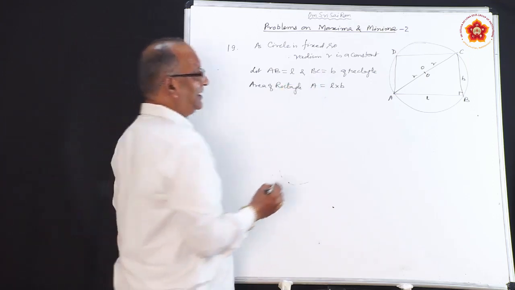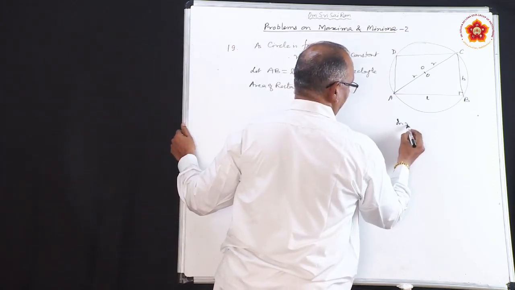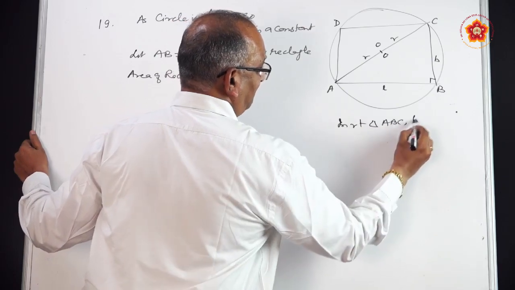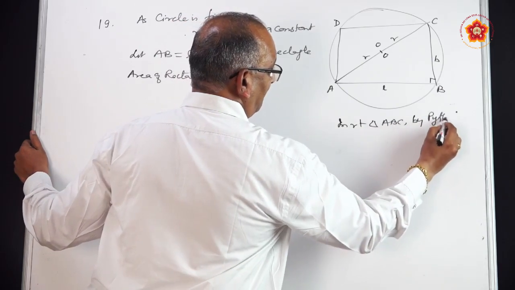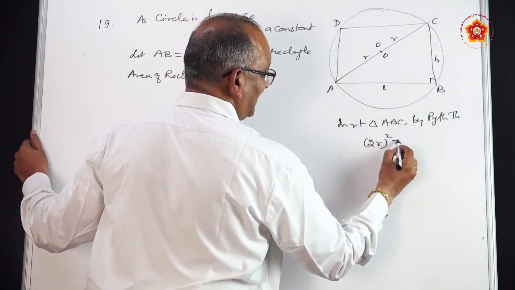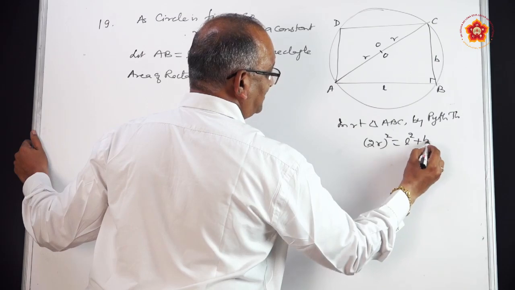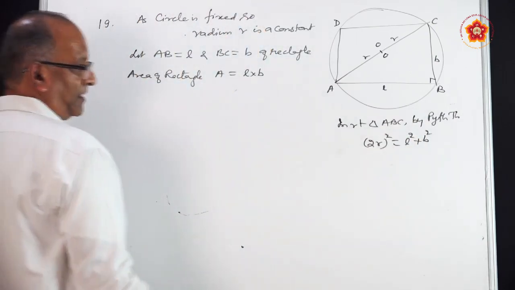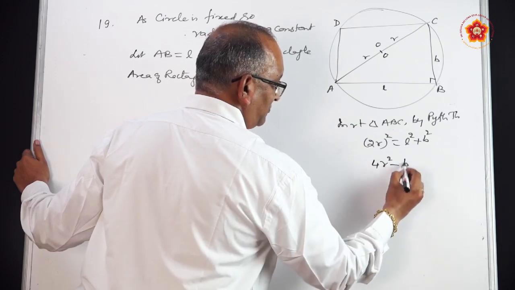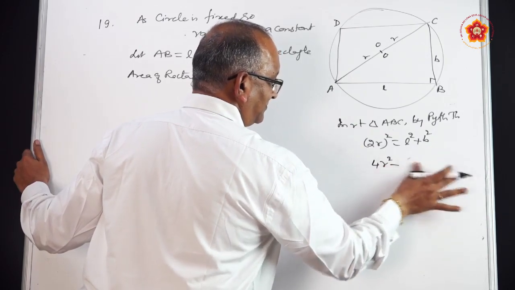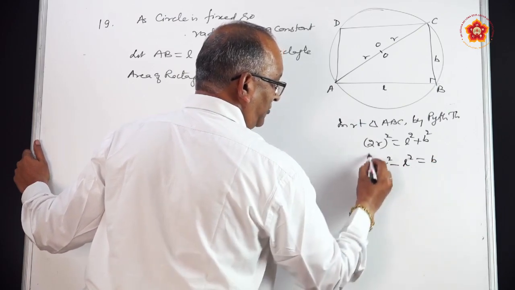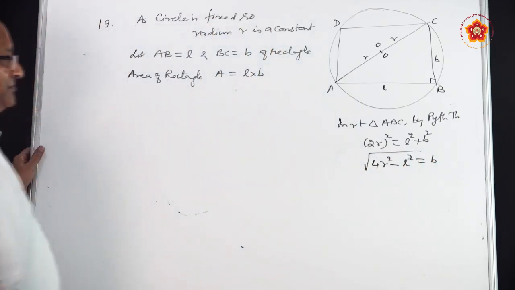Take the right triangle ABC and use the Pythagoras theorem. We can say that 2r square is equal to L square plus B square. So we can say that 4r square minus L square is equal to B square, and if you want to find out B, it is the square root of this.